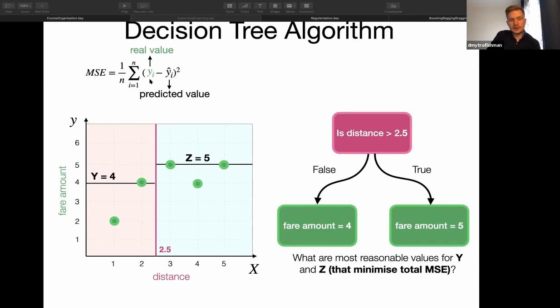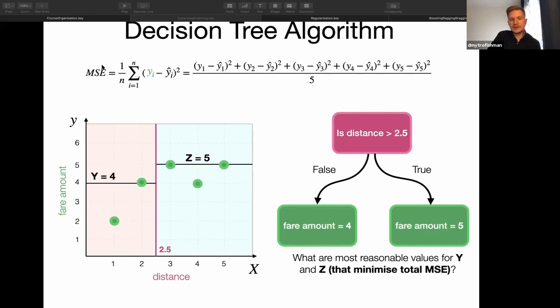The green Y is the real value, and predicted is how much we predict, right? For these two, we predict $4. It doesn't matter if it was this one or this one, we predict $4. For these three, we predict $5. Do you guys have any questions? Okay, that makes sense.